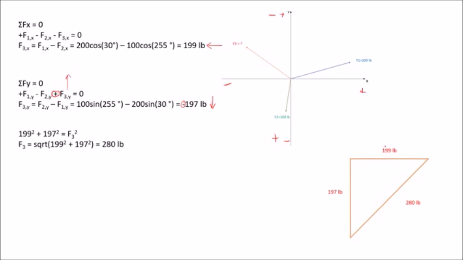And so this is where we can actually use trigonometry again. We can use our final relation to find this angle here, theta, and we're going to use tangent. So if you remember, tangent of an angle is the opposite side over the adjacent side. We have tangent of theta is equal to 197 divided by 199. And so the way we solve for this angle is we take the inverse tangent, or commonly referred to as the arctangent, of this ratio here, and we find that theta is equal to about 45 degrees.